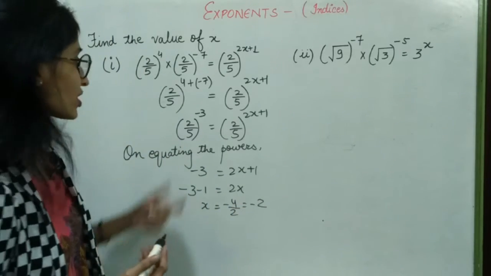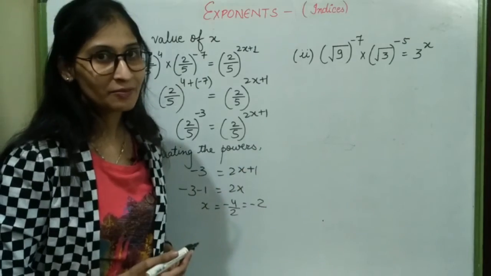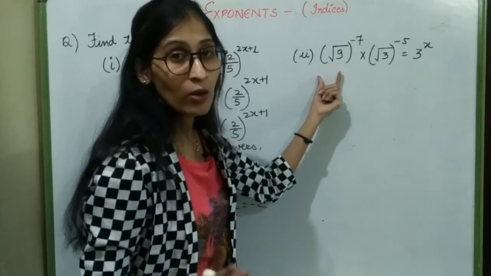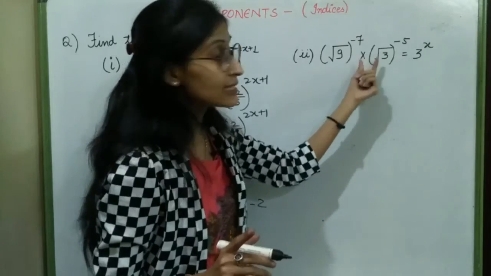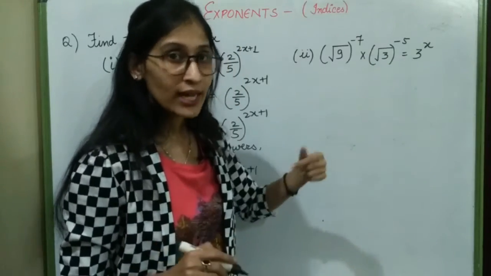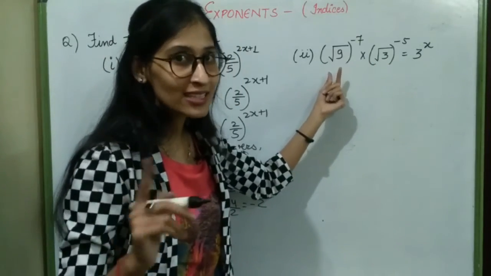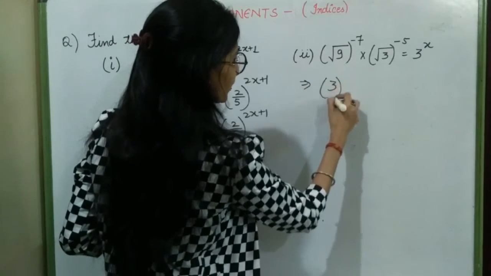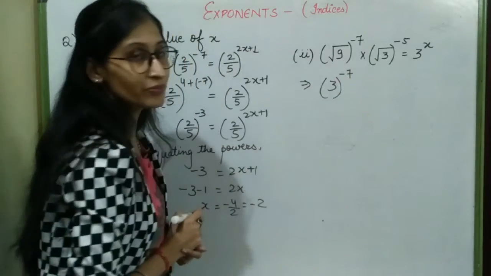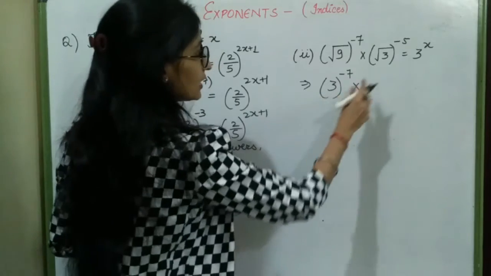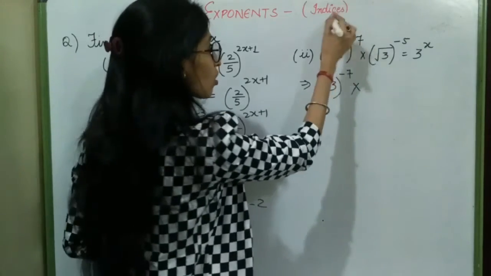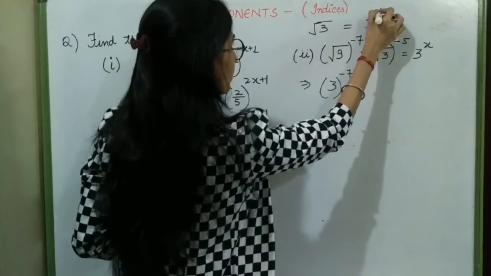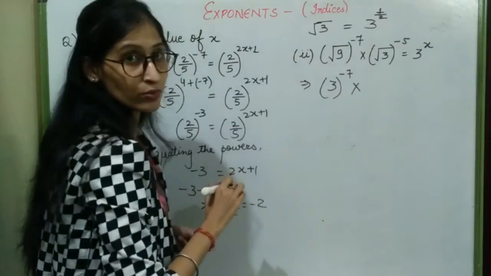Let's solve one more question on the similar pattern. Here it is written under root 9. Now, in all the other cases the base is 3. So here, can I write under root 9 as 3? So it will be 3 raised to power minus 7 multiply by, now in the place of under root 3, can I write 3 raised to power 1 by 2?